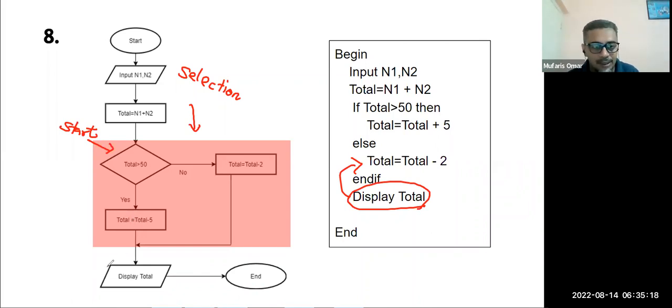Now tell me, display total: is this inside the condition statement or after the condition statement? That means, do you display the total only if this condition is satisfied or not satisfied, or is this just a command outside the condition statement?